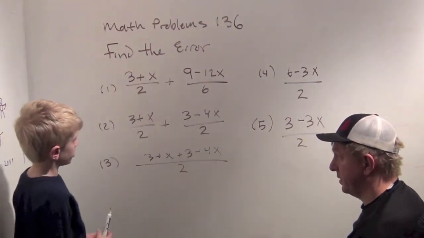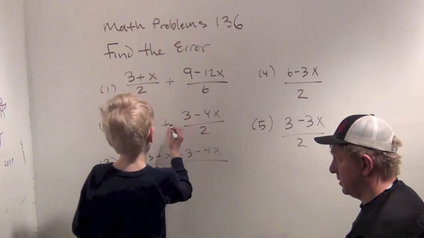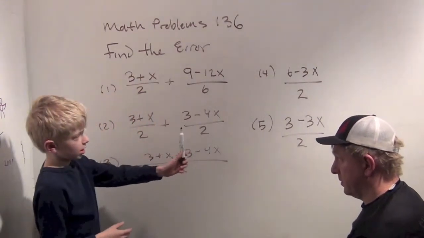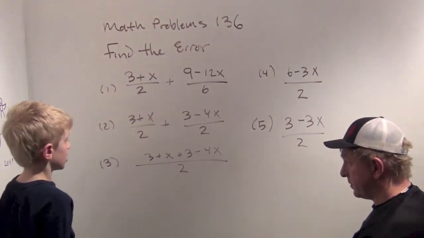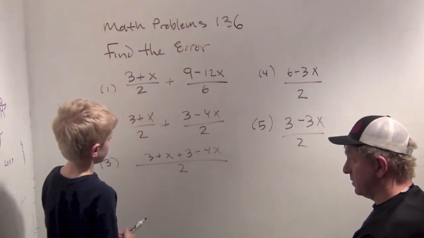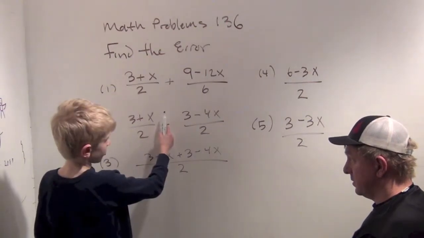Then step 3, you added the common denominator and grouped these together, but you still have this plus here.